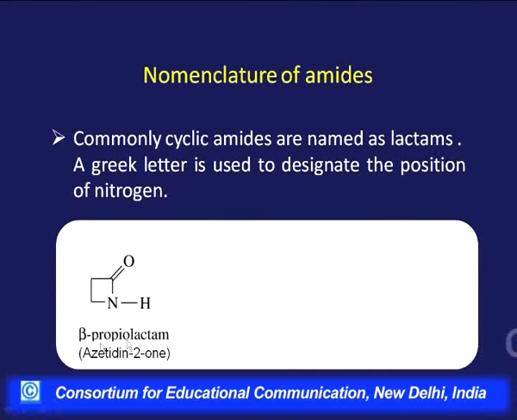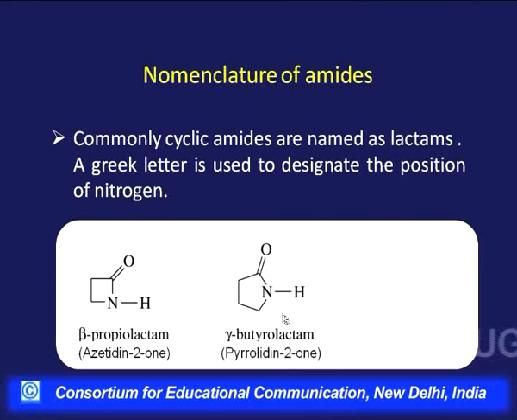So, the common name for this lactam is beta propiolactam, whereas IUPAC names for these compounds are derived from other cyclic compounds, like this is known as azetidine 2-one. This compound without the C double bond O is azetidine, and then there is position number 2 having carbonyl. So, the IUPAC name is azetidine 2-one. These lactams are more popularly known by their common names because their IUPAC names are a bit difficult.